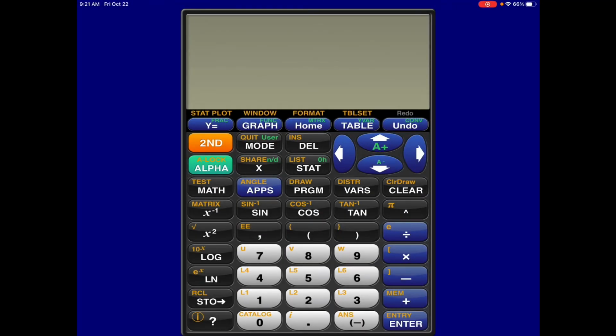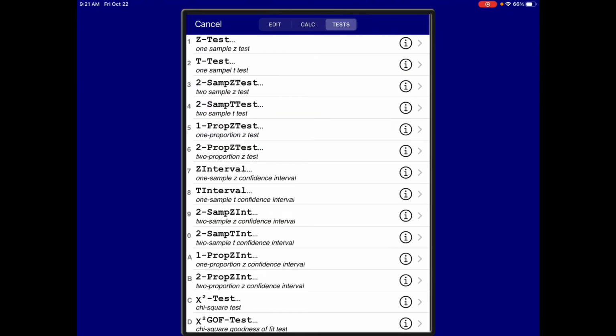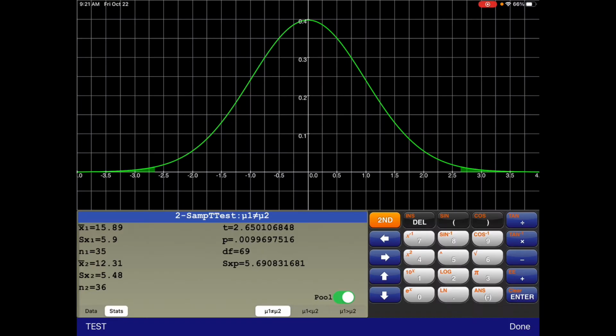On our graphing calculator, we are going to go to Stat, go right to Test, and then go down to 2SAMP t-test. From here, you need to enter in for the red background, which is what we called population 1, our sample mean is 15.89. We have a sample standard deviation and a sample size.